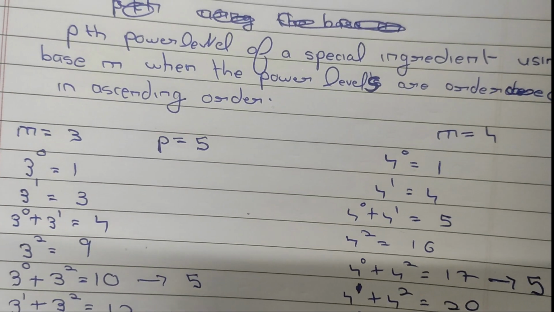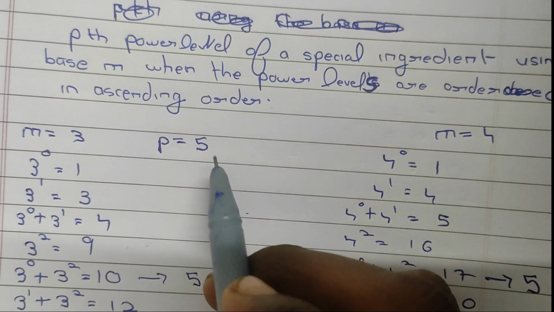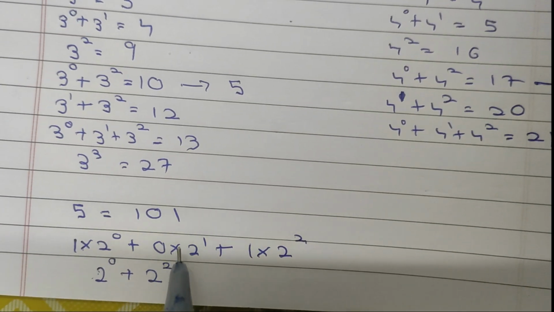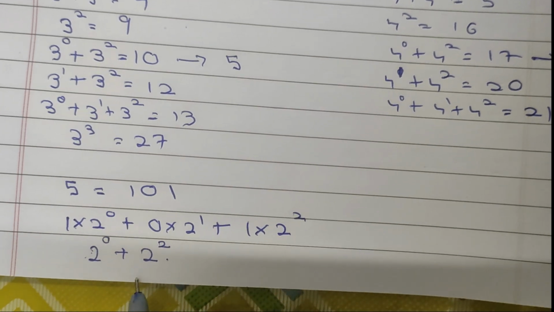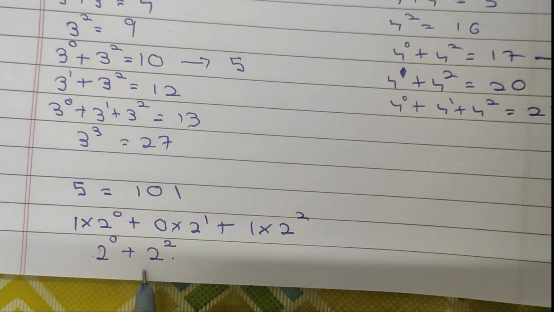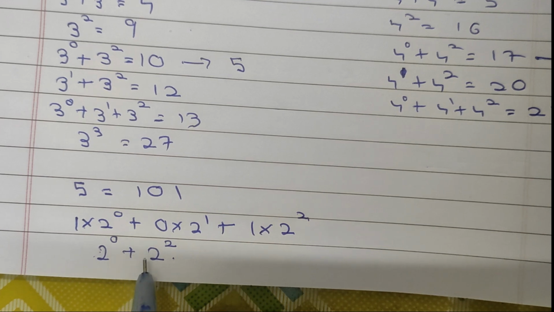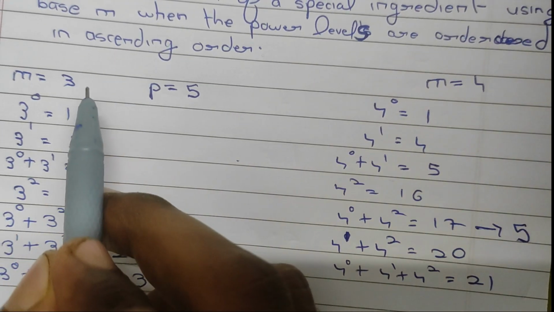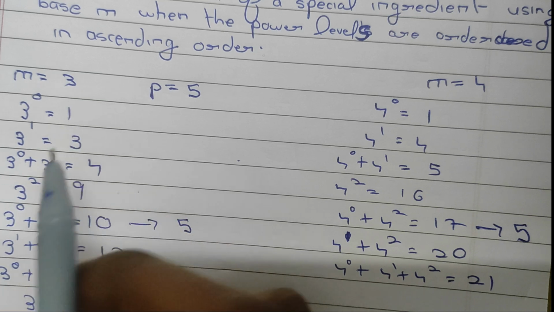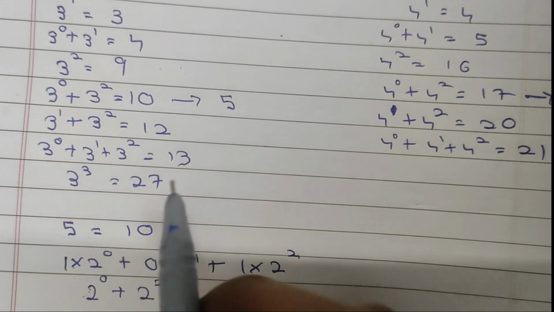So this is what we have to do. For the value p that they will give us, we need to first express it in the binary representation, and we have to convert it using this base 2 representation. When we are converting it using this base 2 representation, just replace this base 2 with the base m that they will provide us in the question, and just output the answer.